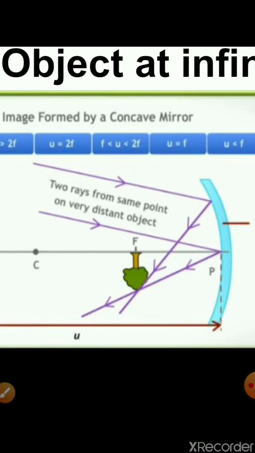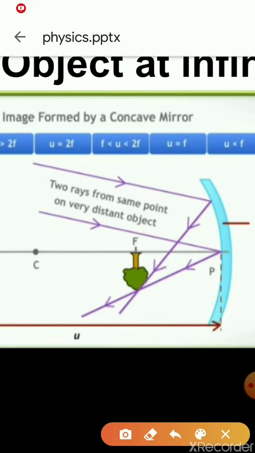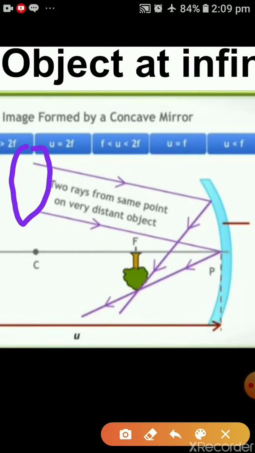If rays are coming from that object, they will come as parallel lines. So we are not able to see the object because it is at infinity, very far away. We are able to see only the rays which are coming from the object.